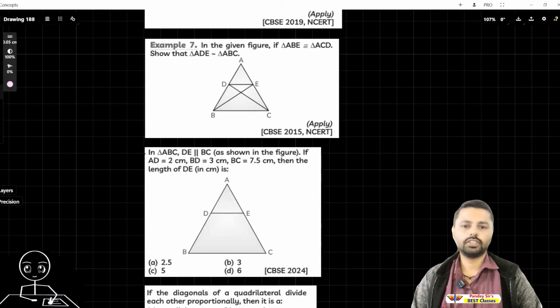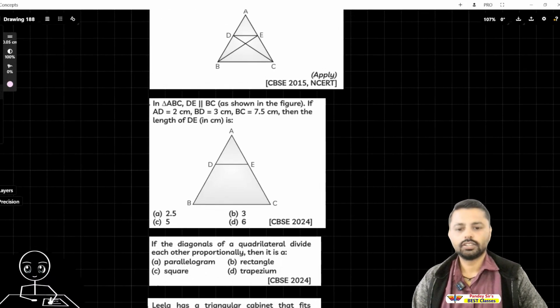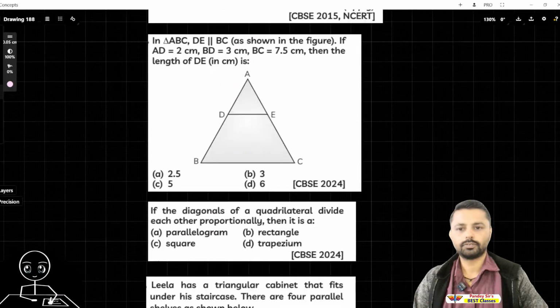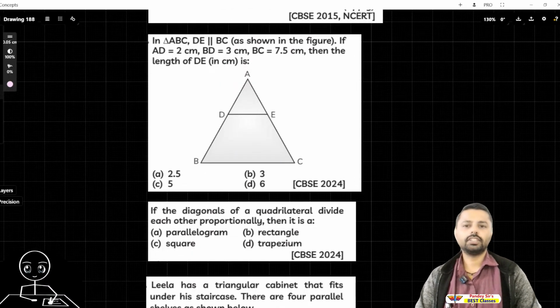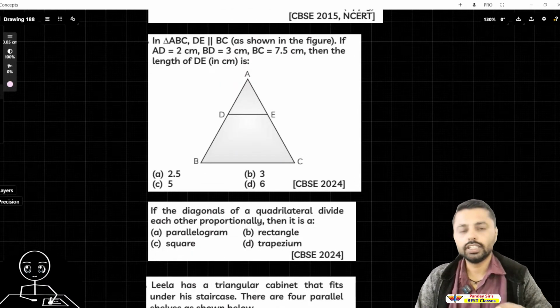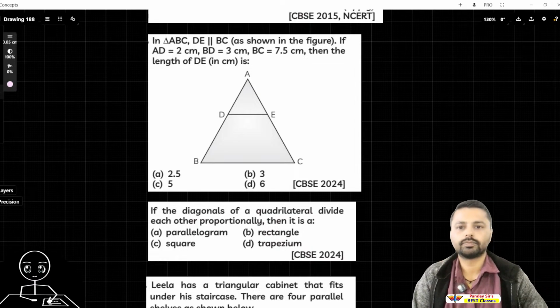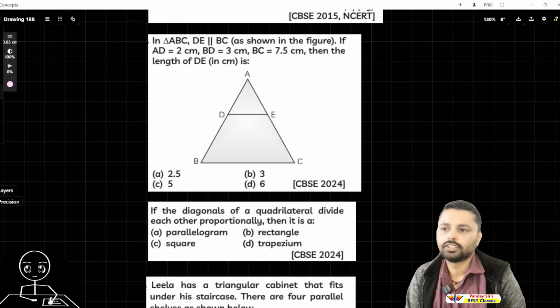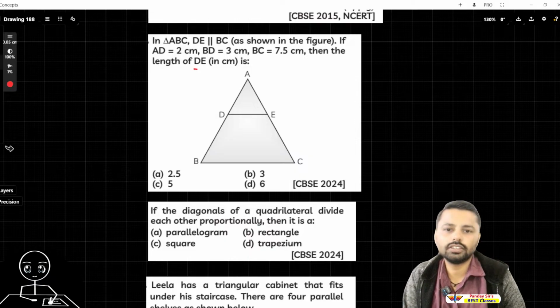In the given figure, in triangle ABC, DE is parallel to BC. So, where is DE? Where is BC? This is DE and this is BC. And they said to find DE.